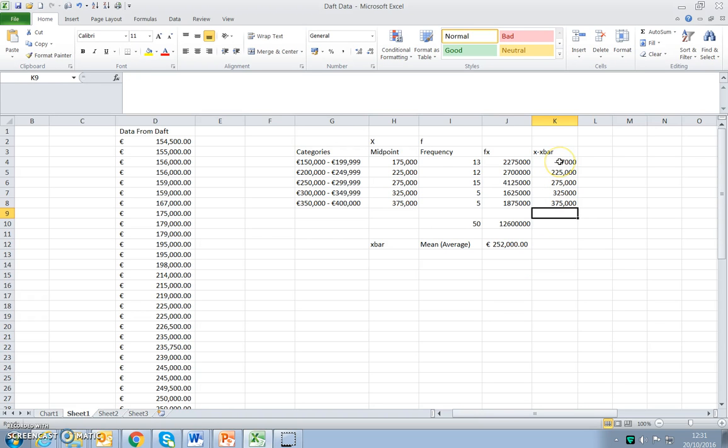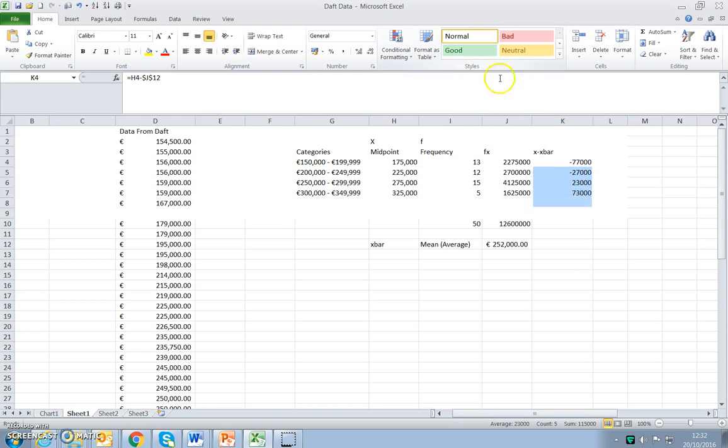So you want to tie this value, the mean, into your equation here. So you click on it, and this J12 here refers to the average, what you're picking up from this cell. So you put a dollar sign before the J and a dollar sign after the J, and then again you click and drag all the way down to the end. We'll just open our column a bit there.